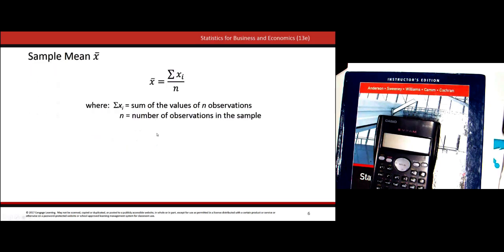How do we calculate the mean? This is a sigma. This means summation. Sum xi's. What is xi? Xi's are the observations in the sample.